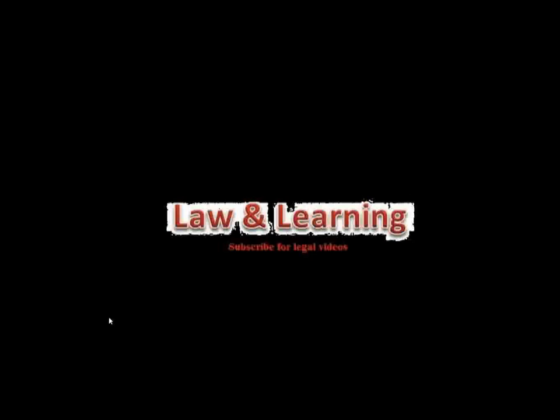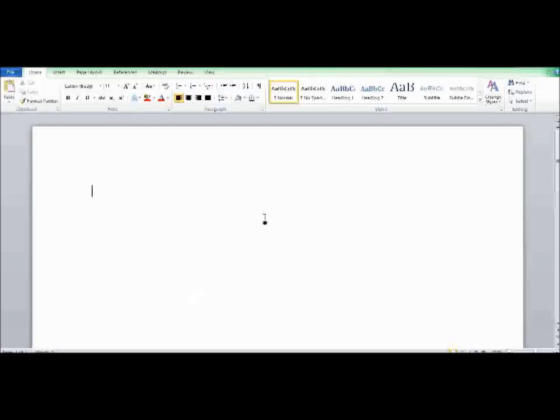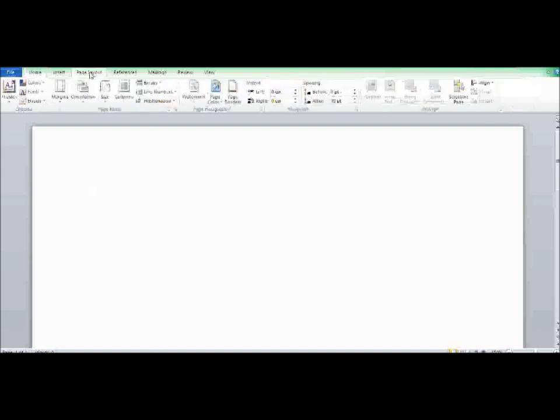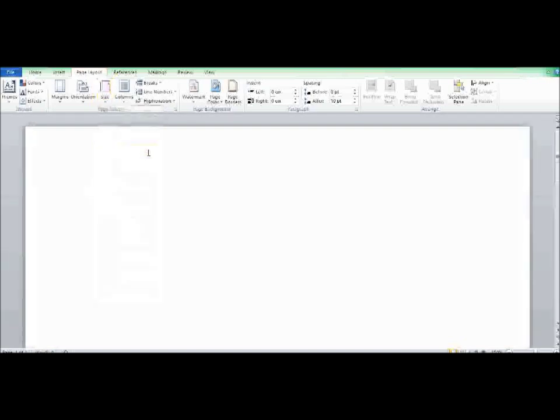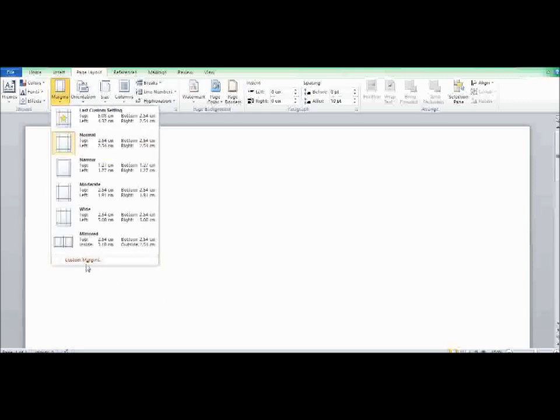First of all, open Microsoft Word. Here, first of all, what you have to do is change your page settings. Go to page layout, select size, turn it into legal size, then go to margin and select custom margin.